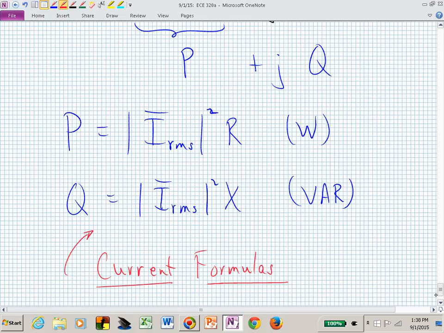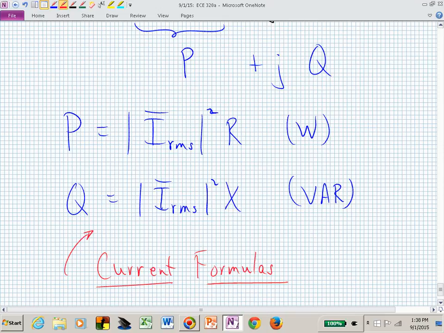Somebody could say, oh, I know the current going through that impedance. Oh, I can find the complex power of that impedance because all I need is the magnitude of that current. As long as I know my impedance is R plus jX, and X might be omega L, it might be 1 over omega C, depending on whether you have an inductor or capacitor.